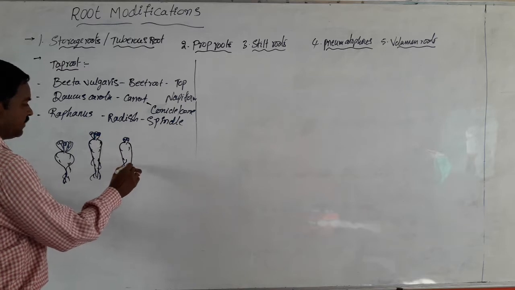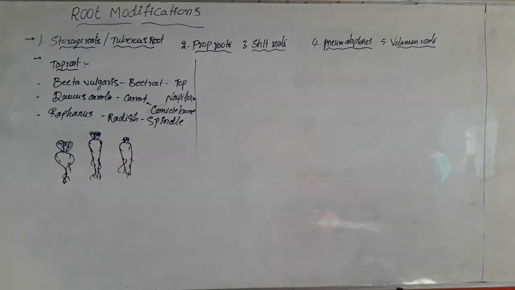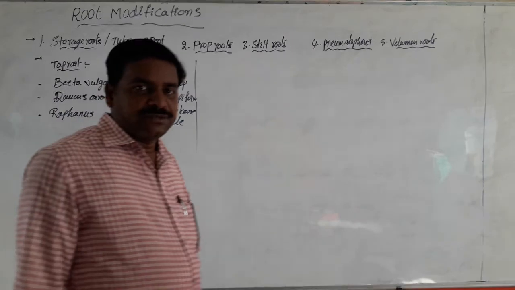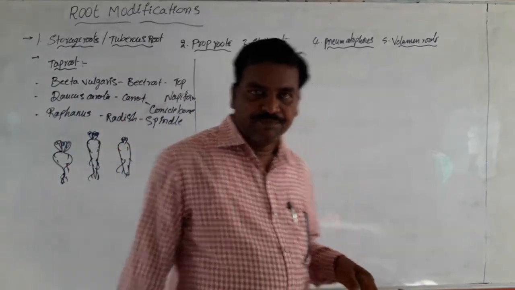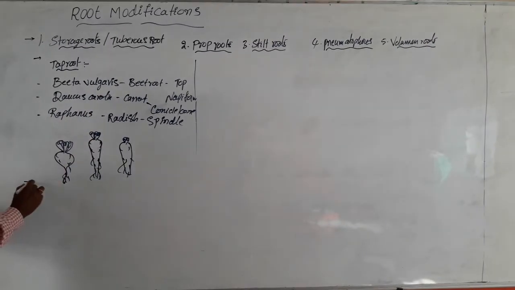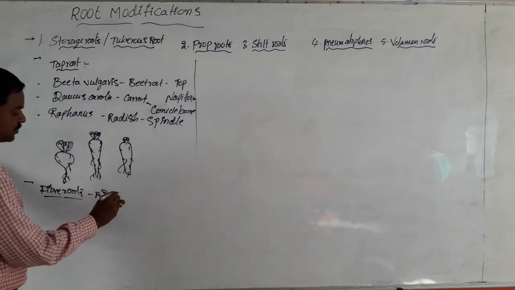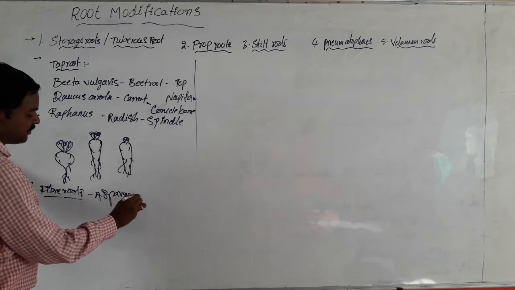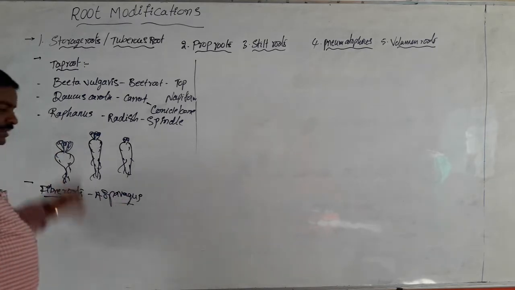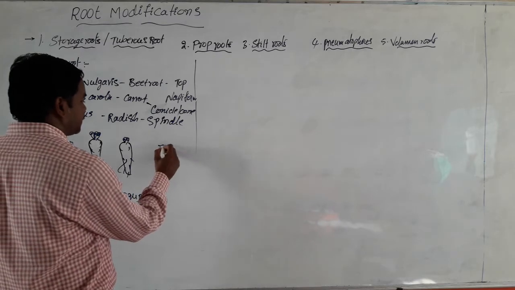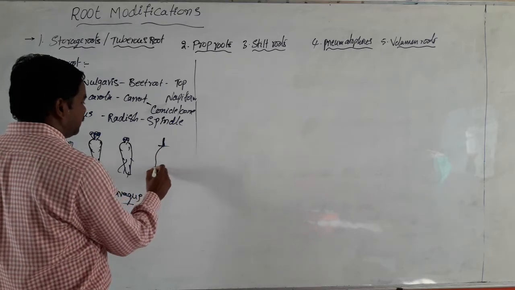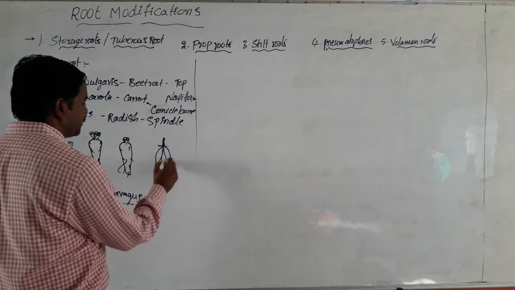In this way, taproot stores food material in some plants, attains different shapes, and becomes bulged and tuberous. But in some members, fibrous roots also store food material. Fibrous roots, in case of Asparagus racemosus. For example, this is the asparagus stem and these are tuberous roots.